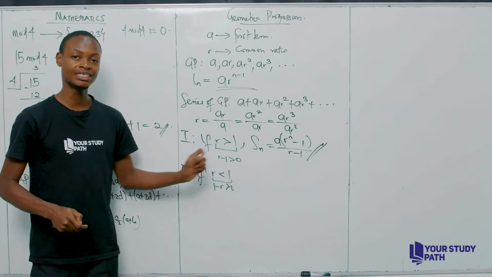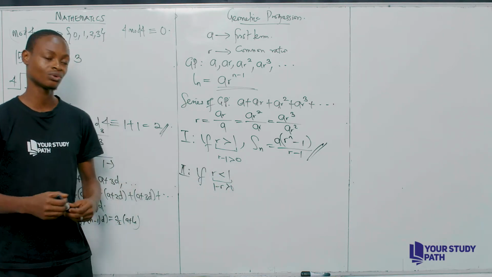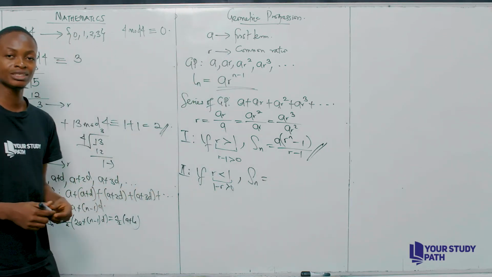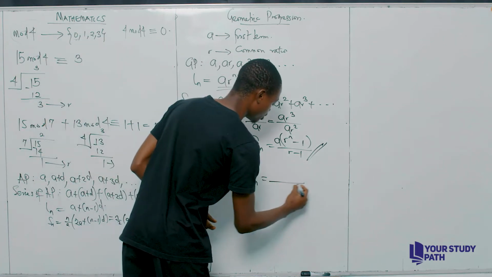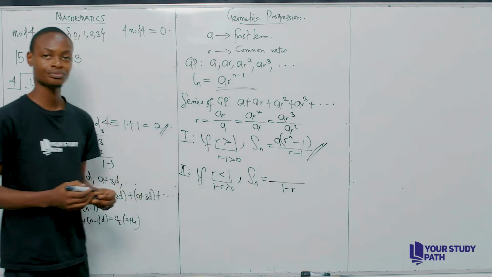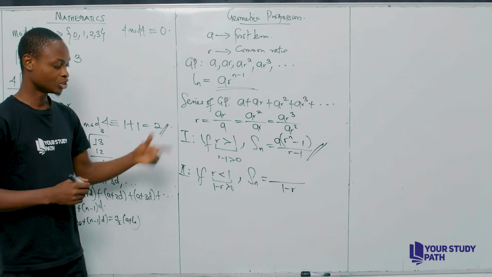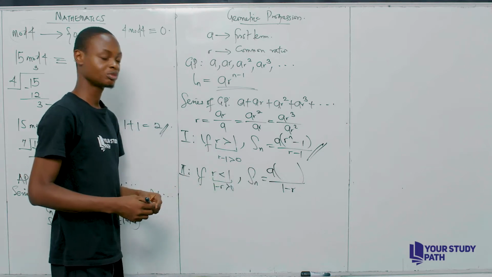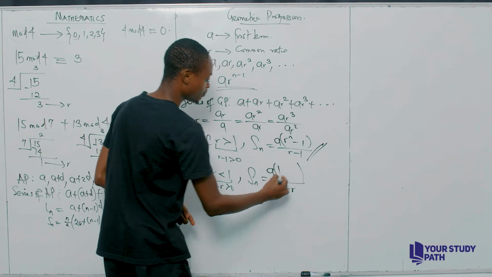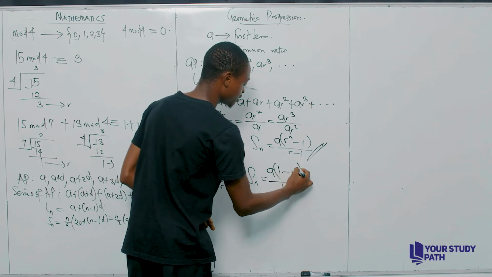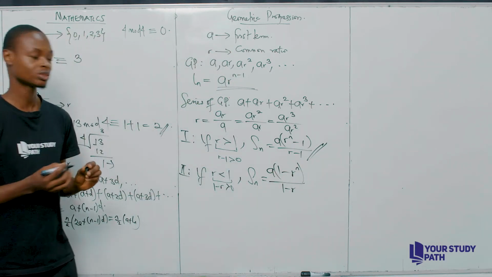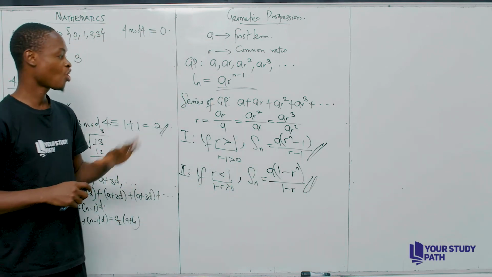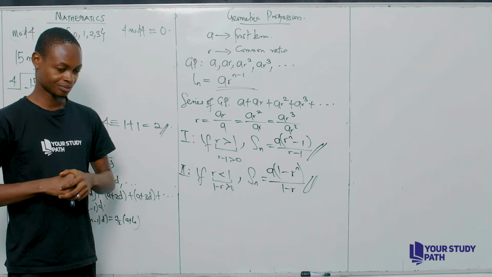Subtracting r from both sides gives us that 1 minus r is greater than 0, which follows that the sum of n terms of the geometric series will first and foremost have a denominator of 1 minus r, and then the numerator would have the first term and a mirror expression of that denominator. So 1 raised to n gives us 1. The minus remains, and r will be raised to the power of n. Simple and short. These are the two major formulas for the sum of the first n terms of a geometric series.